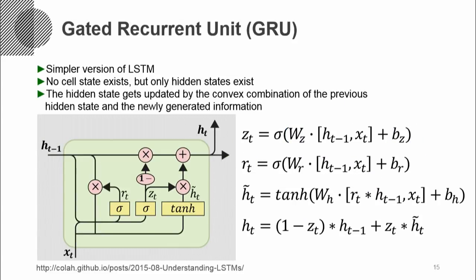Let's look at another architecture called the gated recurrent unit, or in short GRU, which can be used alternatively to this LSTM. The GRU is a simpler version of LSTM, and its main difference is that there is no distinction between the hidden state information and the cell state information; only the hidden state exists.